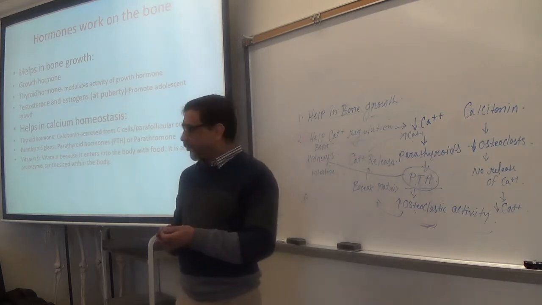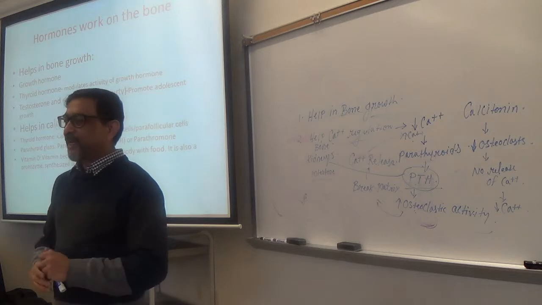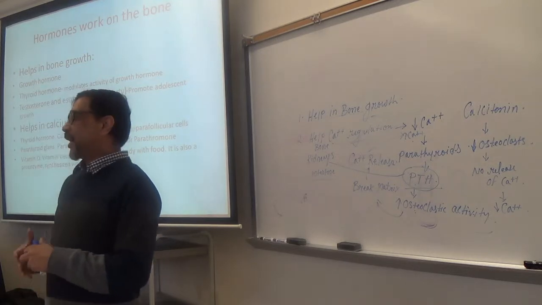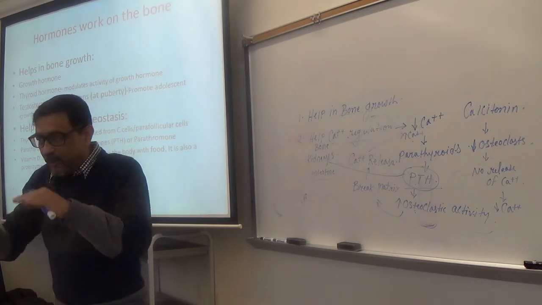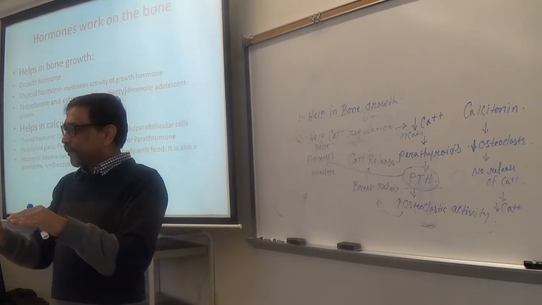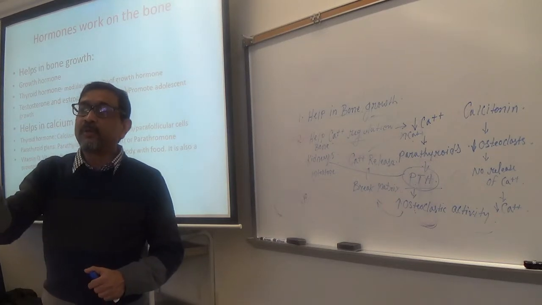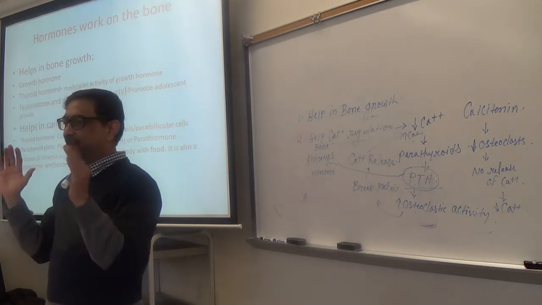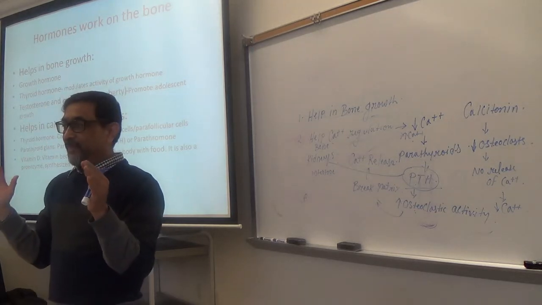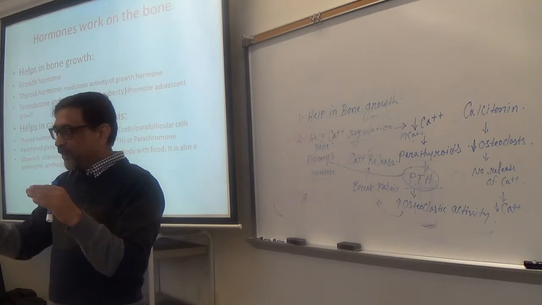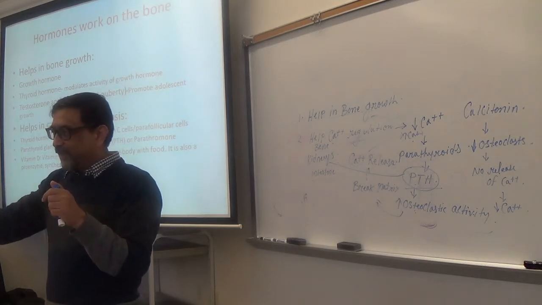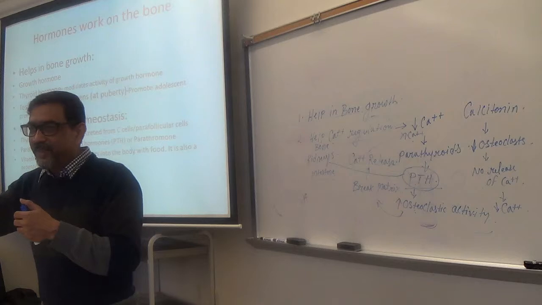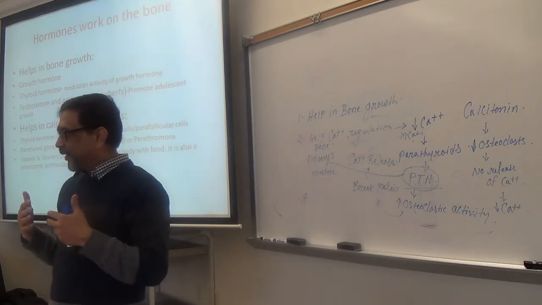Now you tell me, think very simple. If in your blood the calcium is low, parathyroid hormone should tell the kidney to excrete the calcium from the body or retain it?